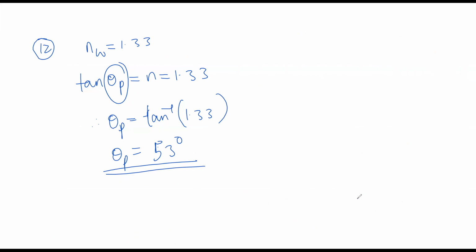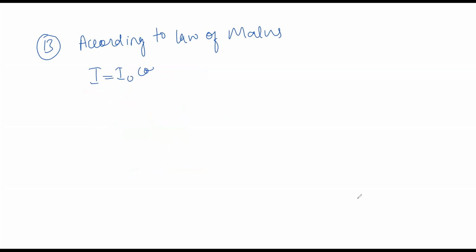13th one. So first, according to Malus's law, how do we write it? I is equal to I naught into cos square theta. First, for 30 degree they have asked.